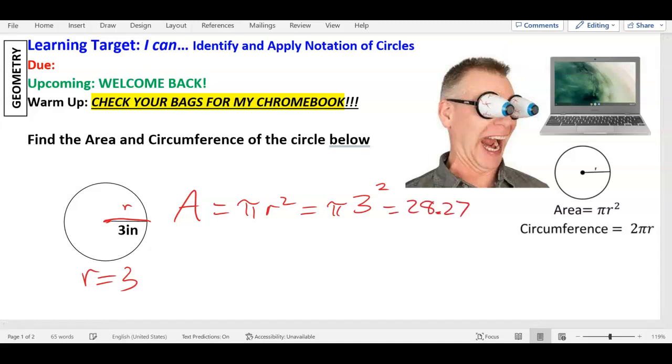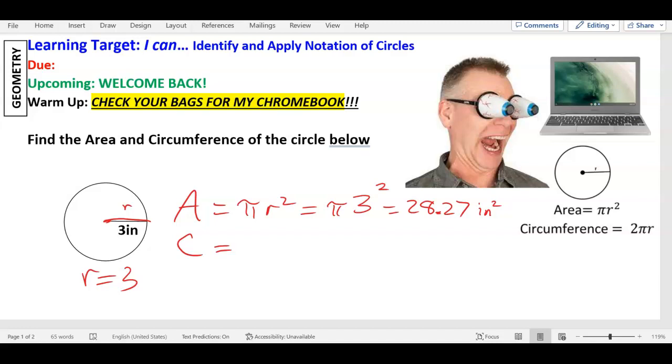And since it's area, we have to know this. Everybody, area is measured in square units. So it's going to be inches, with a little squared 2 on it. Okay, I'll write inches squared. Area, always squared.